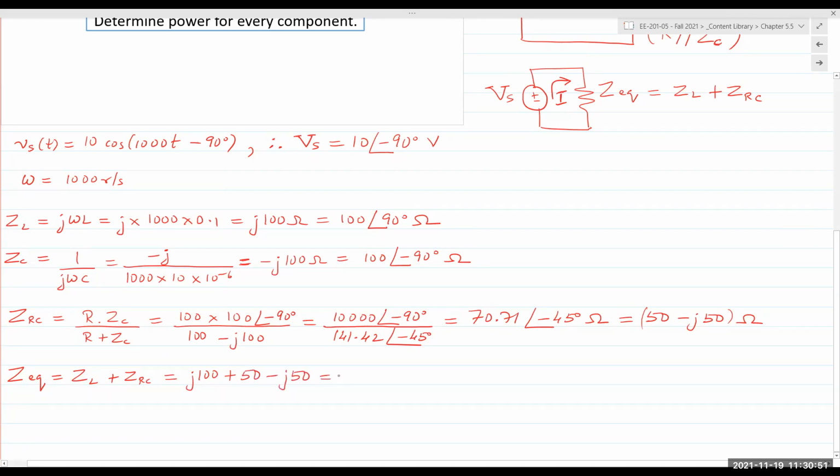So it's simply 50 plus j50 ohms. And in polar coordinates, I have the same magnitude, 70.71, with a phase angle of 45 degrees.